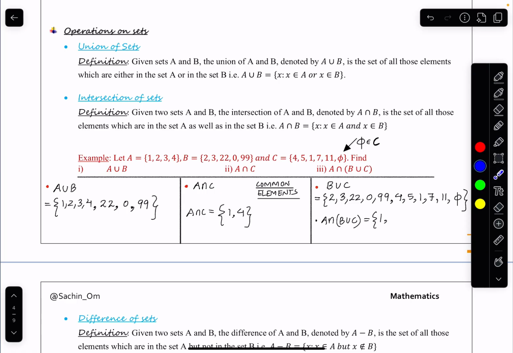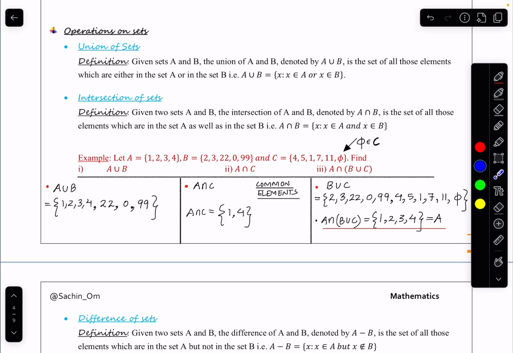Next, A has 2 in it, so does B union C. A has 3 in it, B union C has it too. A has 4 in it, B union C has it as well. So all the elements of A are there in B union C. So I'll just write all the elements of A here, which basically means A intersection B union C is actually equal to A itself.